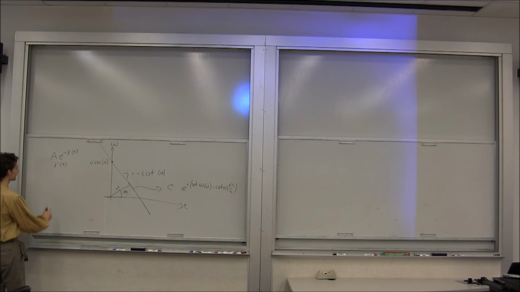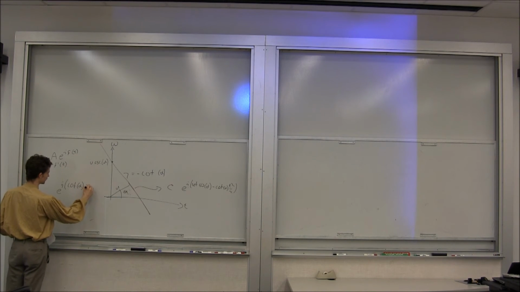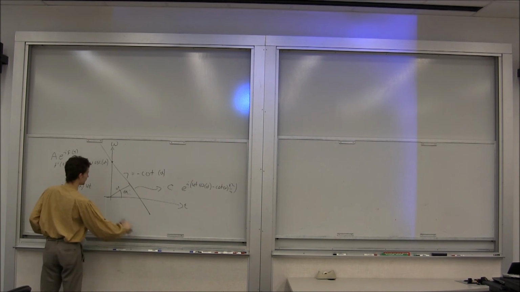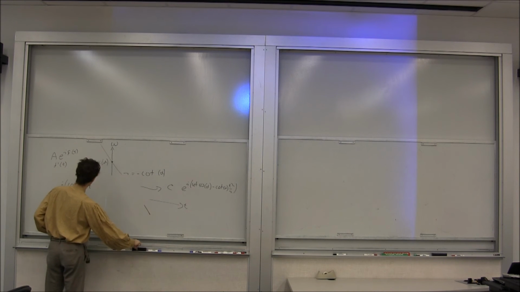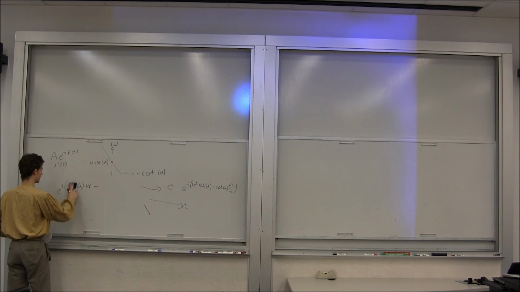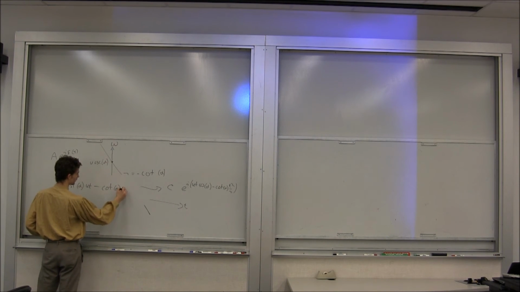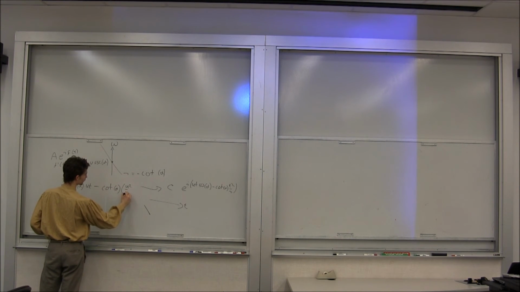So what we have is e to the i times cotangent alpha times u t, minus, that's cosecant alpha, minus cotangent of alpha times u squared over 2 plus t squared over 2.